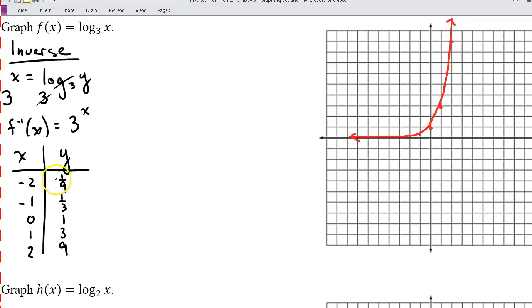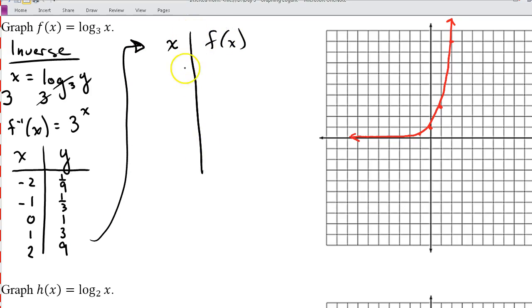Alright. And now that we have this chart, in order to graph the original function, which is the inverse of the one that we graphed, all we need to do is interchange our x's and y's. So I'm going to have x, I'm going to have f of x. And now I'm going to take my y values, 1/9, 1/3, 1, 3, and 9.